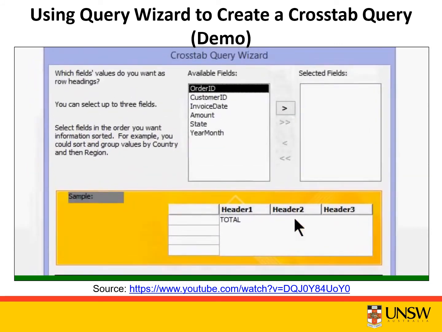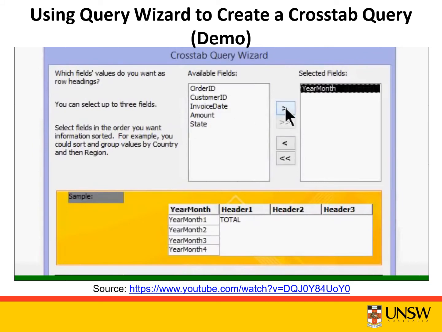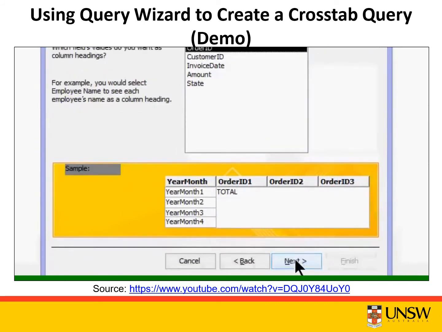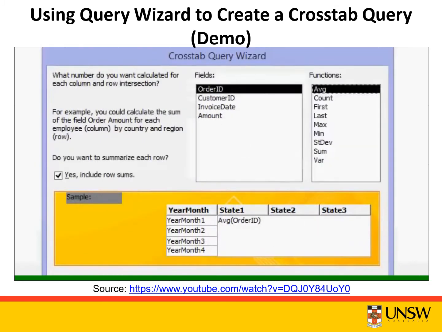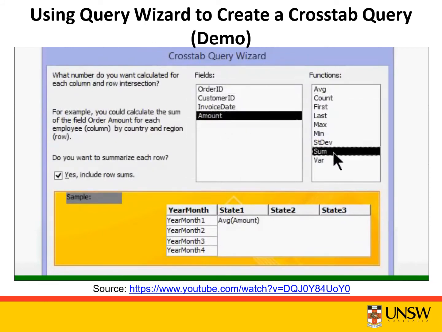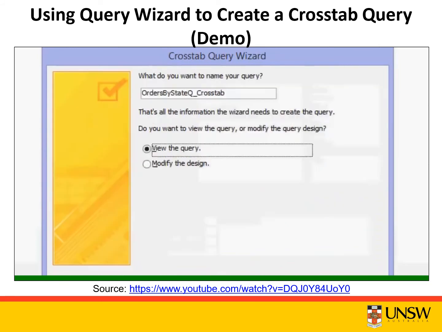Next. What do you want for the row headings? This time I want my year month field, not the invoice date. Next. Column header, state, next. The data, I want the amount, sum, next.